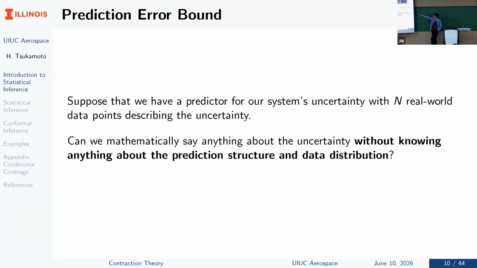Without knowing anything about the prediction structure, you can use an LLM, a neural network, whatever. And also the data distribution underlying this data could be Gaussian, non-Gaussian. Let's just not care. What can we say about the uncertainty through data?